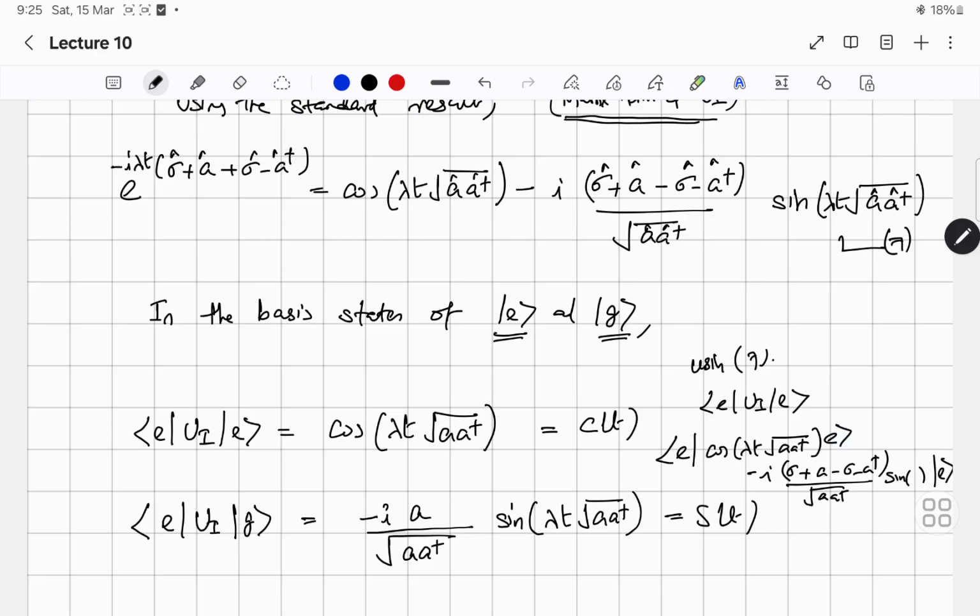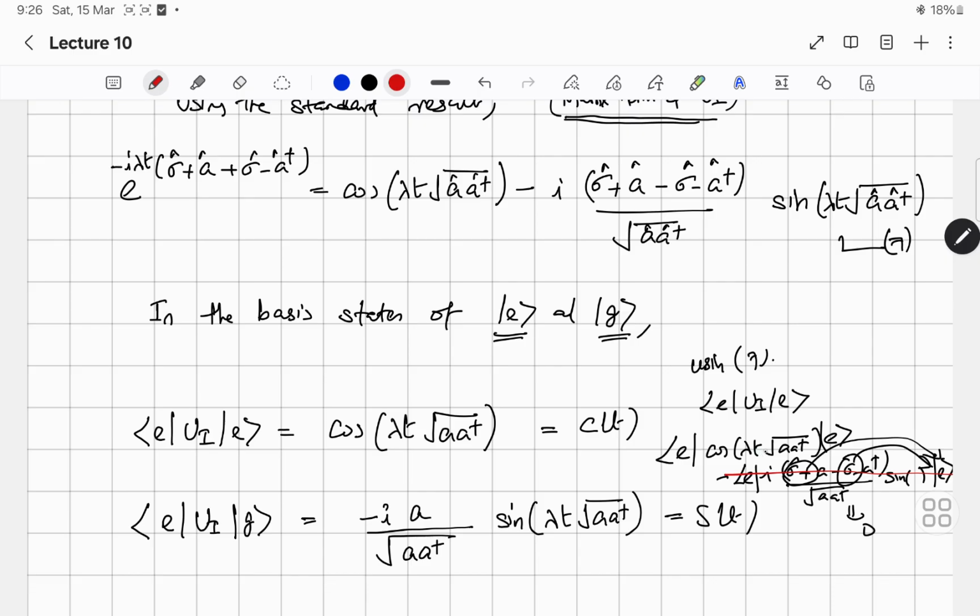The first part of the inner product minus the second part of the inner product, but the second part will directly go to 0 because we have a sigma plus here and sigma minus. So sigma plus acting on E directly becomes 0, and sigma minus acting on E will become G, and the inner product <e|g> is 0. Therefore this part is going to cancel and we have only <e| cos of lambda t square root of a dagger a |e>.